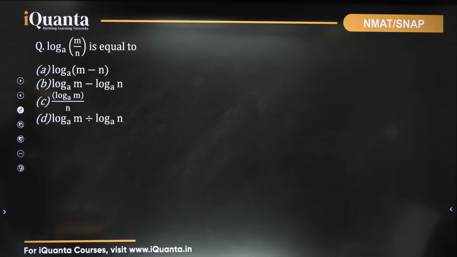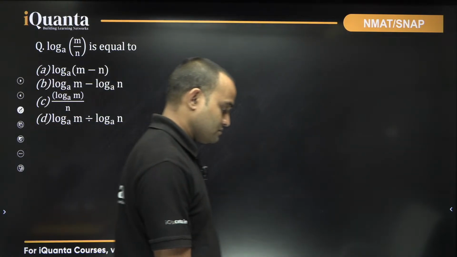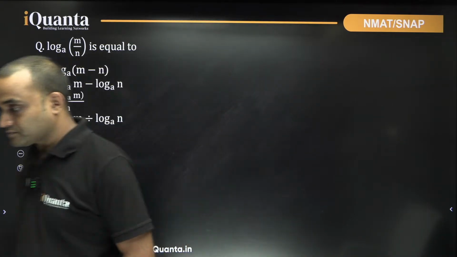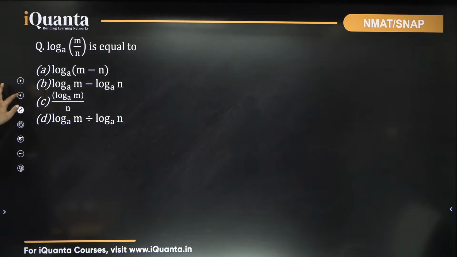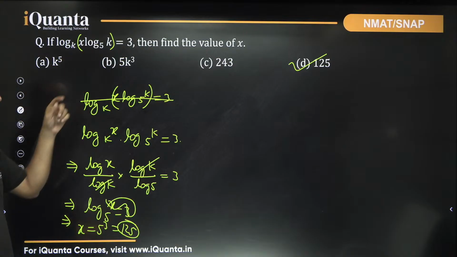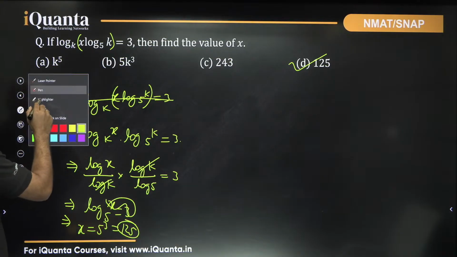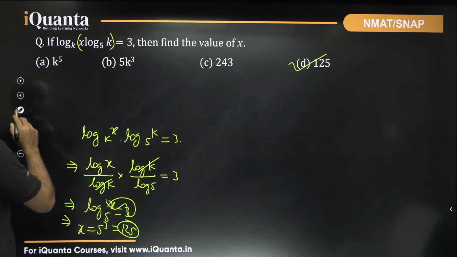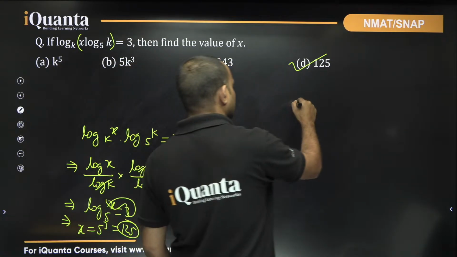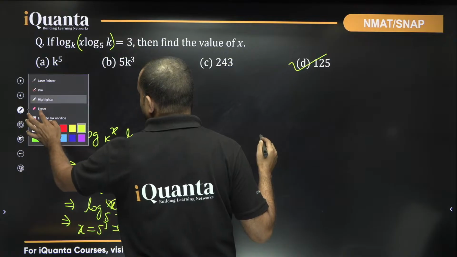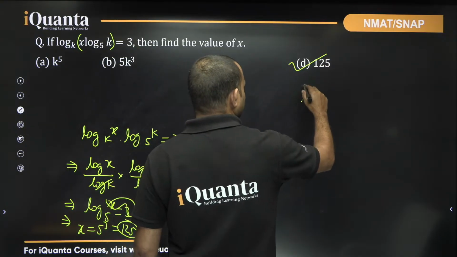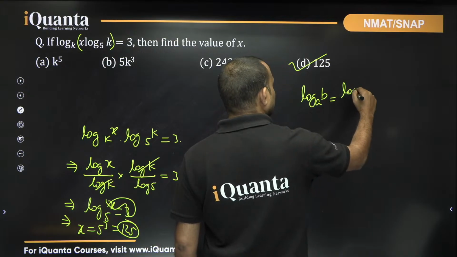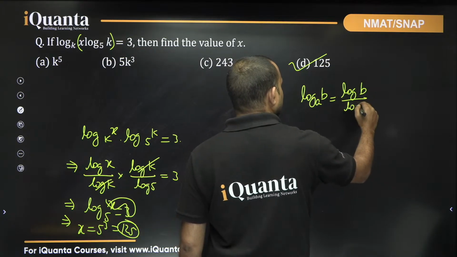This is a very straightforward question. This is just one of the formulae, right? Yes, Harshita. Nawab, in this case the expression given is this one. What do we know? That log b base a is equal to log b upon log a.